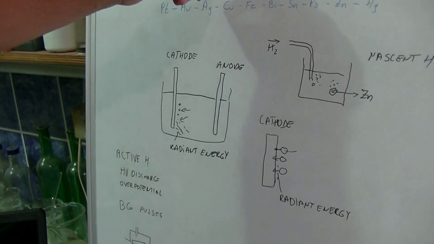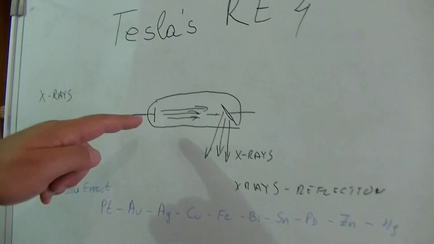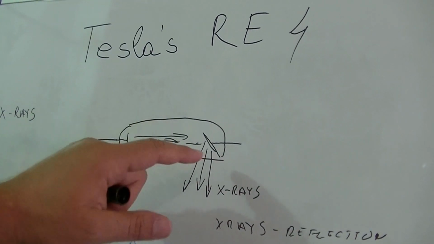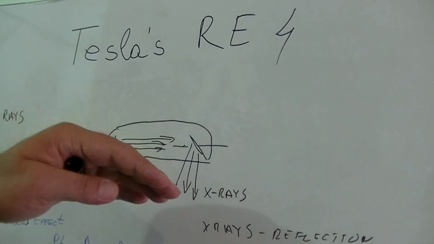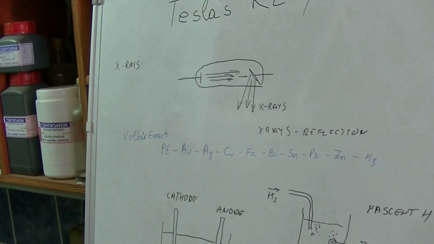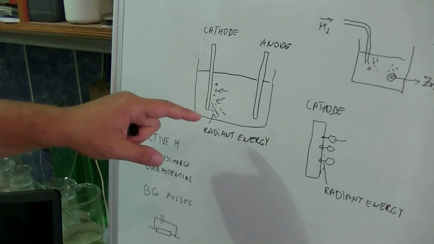Like over here also, when an electron hits the plate, some amount of energy transforms into heat and some amount into X-rays. The same is here.